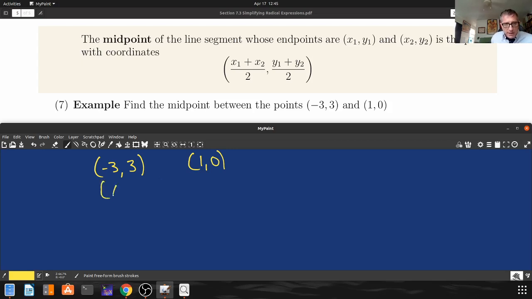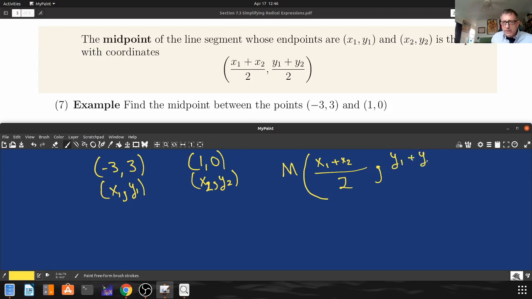So I'm going to call this x1, y1. I'm going to call this x2, y2. It doesn't matter which one. So the midpoint, I'm going to call that M, is given by taking x1 plus x2 and dividing it by 2, comma, y1 plus y2 and dividing it by 2.